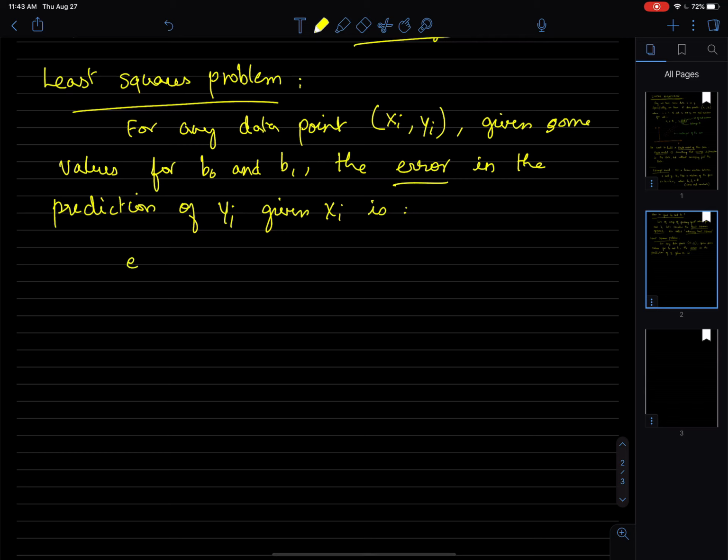So error equals yi minus (b naught plus b1 xi).